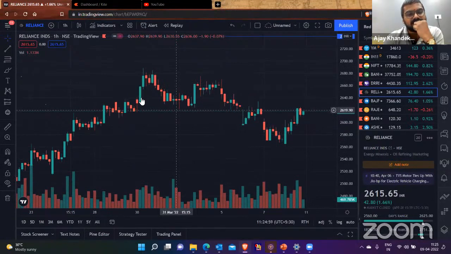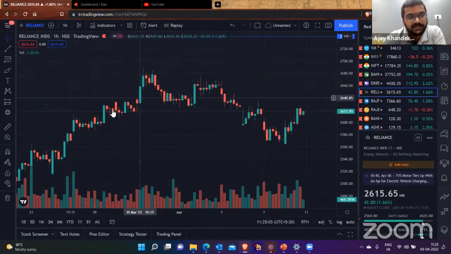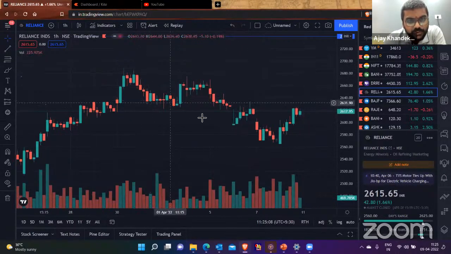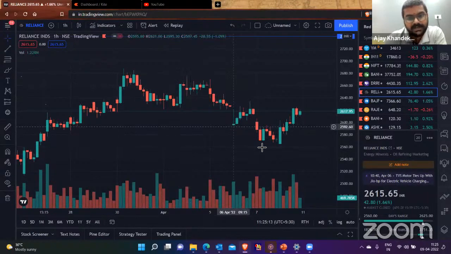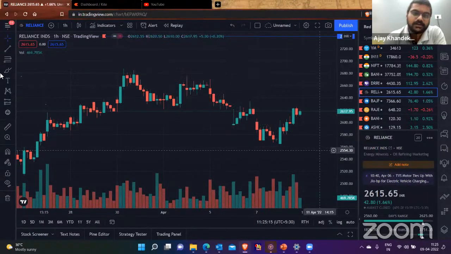From this candlestick analysis, we can say that this is a Marubozu candle, and these are doji candles, gravestone doji patterns, and this is TradingView.